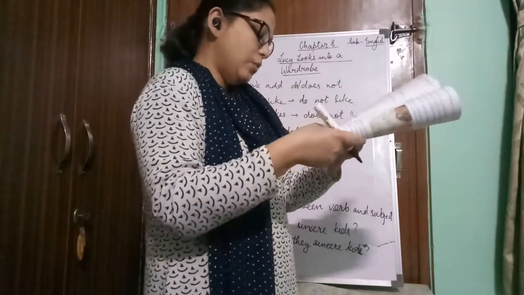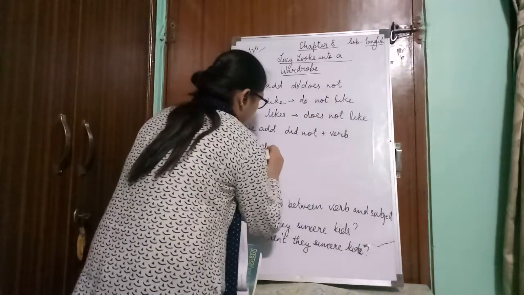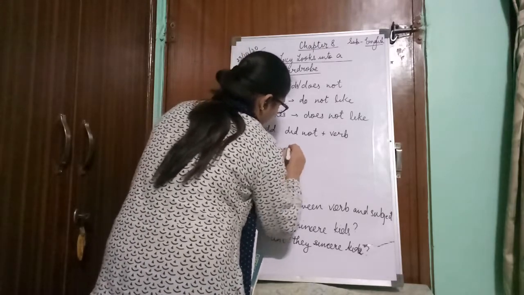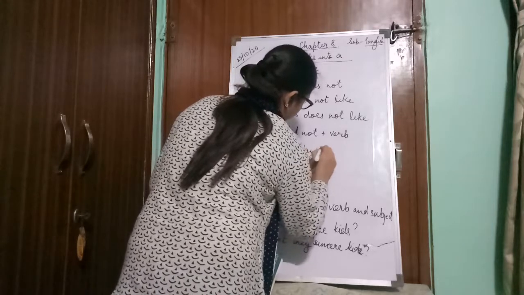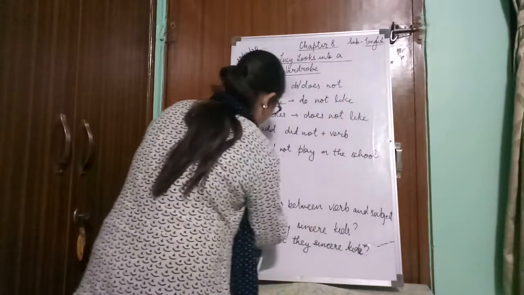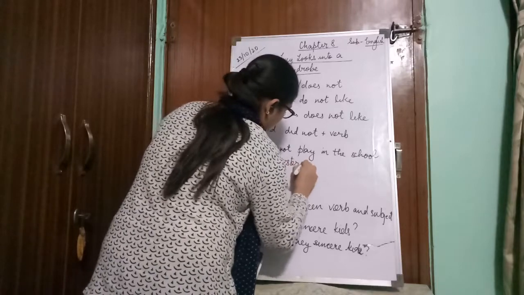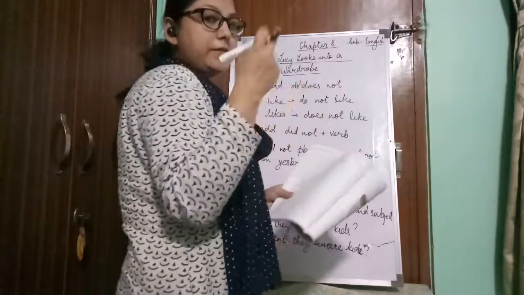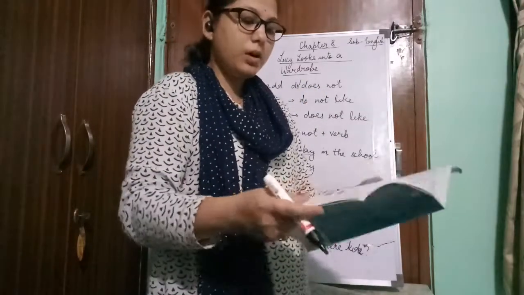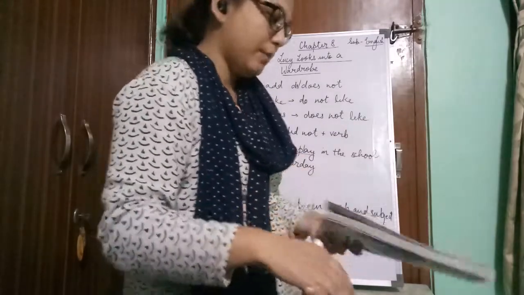Like if it is, Mohit played in the school team yesterday, it will be Mohit did not play in the school team yesterday. So played will change into did not play. So this is what we read in the chapter 8 exercise question. Now let us move to the grammar.